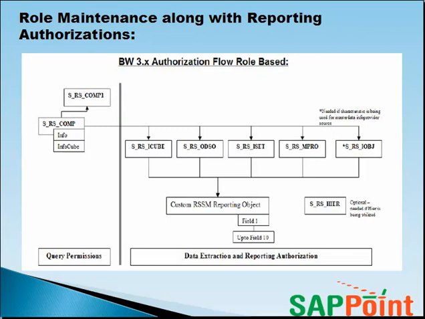Now let us see role maintenance with reporting authorizations, which is the method used in the BW 3.x systems. This method of maintenance uses the standard R/3 or UCC method of maintaining authorizations for users under the administration area.